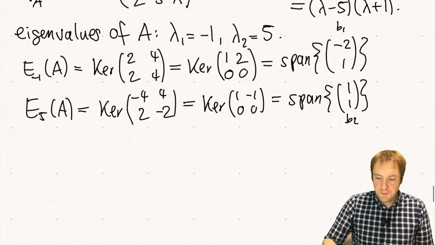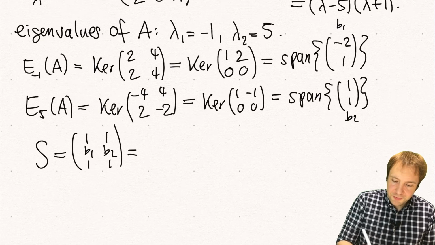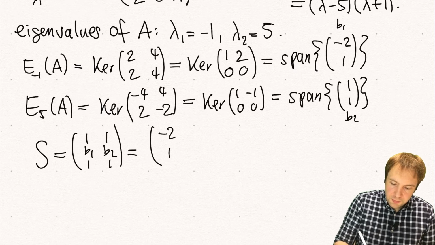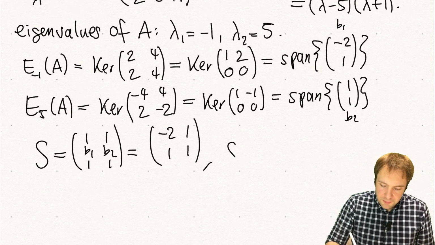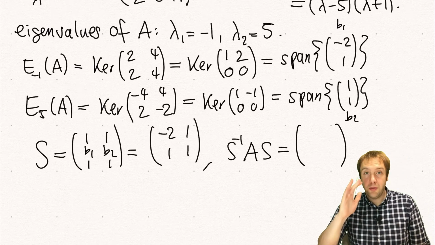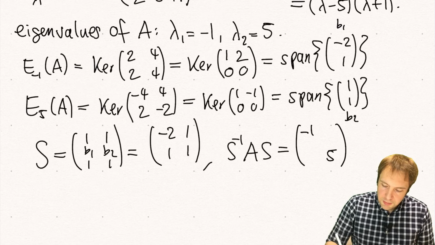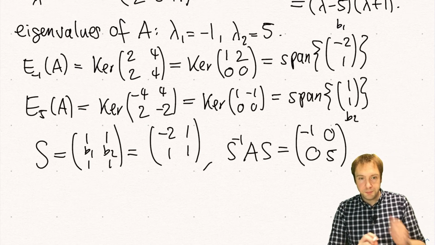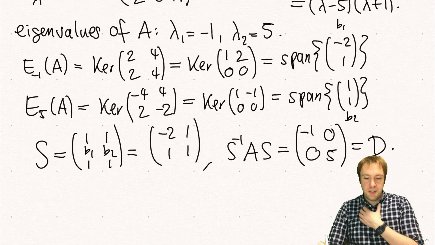And then we can define our matrix S, where we plug in B1 and B2. So this is -2, 1, 1, 1. And then S inverse times A times S equals the diagonal matrix, where on the diagonal we have the eigenvalues, and in this case it's -1 and 5. And this is the matrix we denoted before as D.